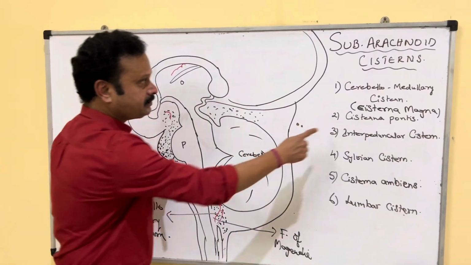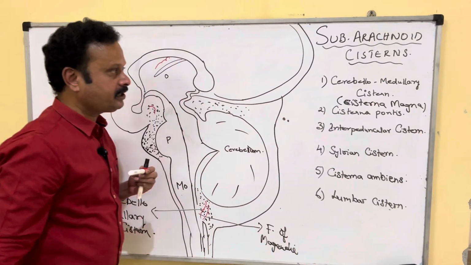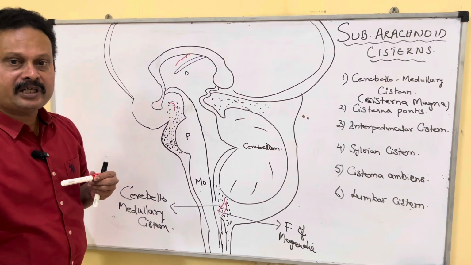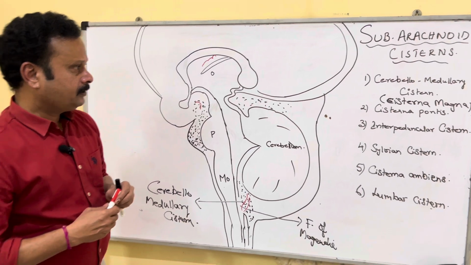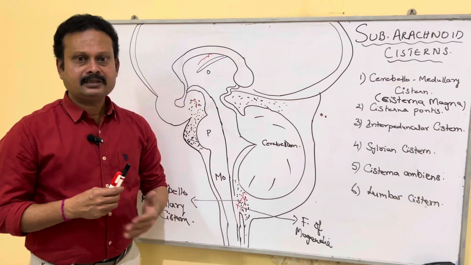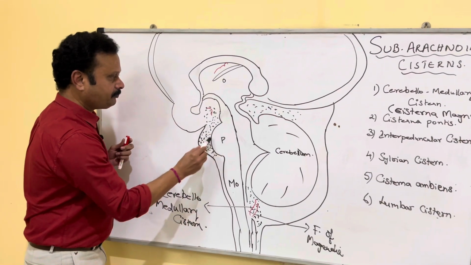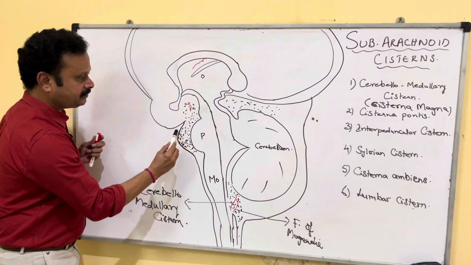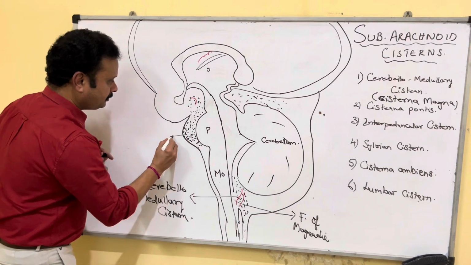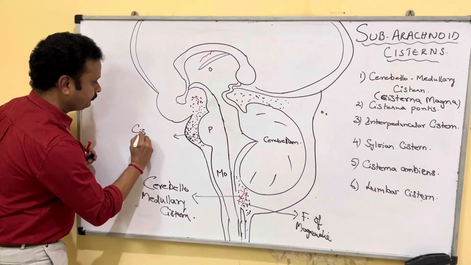Now, coming to the next cistern, which is cisterna pontis or pontine cistern. It is the cistern present along the ventral aspect of the pons. This is the pons, and in front of it is that cistern, cisterna pontis.